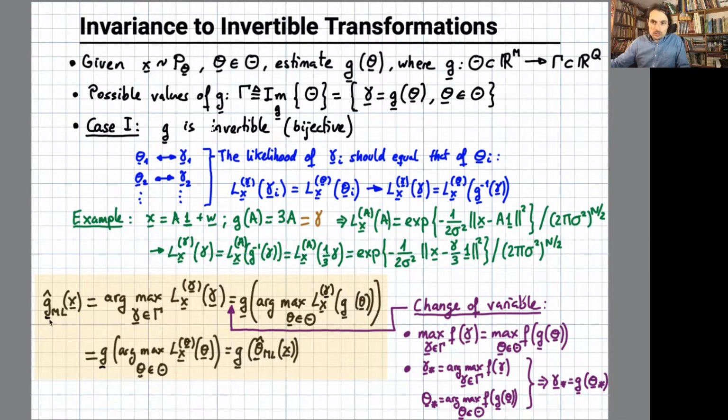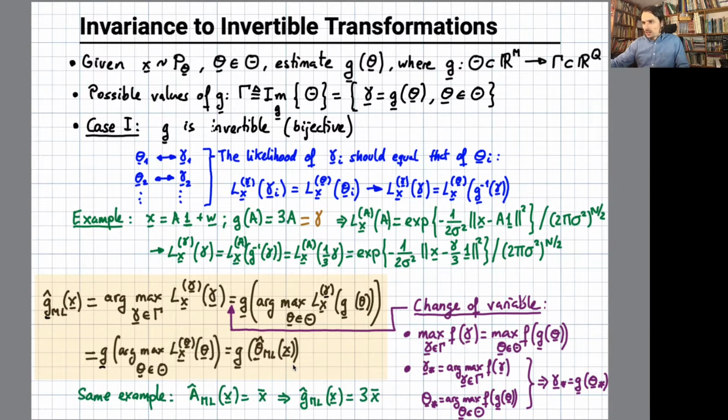In simple words, it states that the maximum likelihood estimator of a function of a parameter equals the function of the maximum likelihood estimator of the parameter. Okay, so it is pretty simple to remember, and this actually simplifies quite a lot the derivations of maximum likelihood estimators.